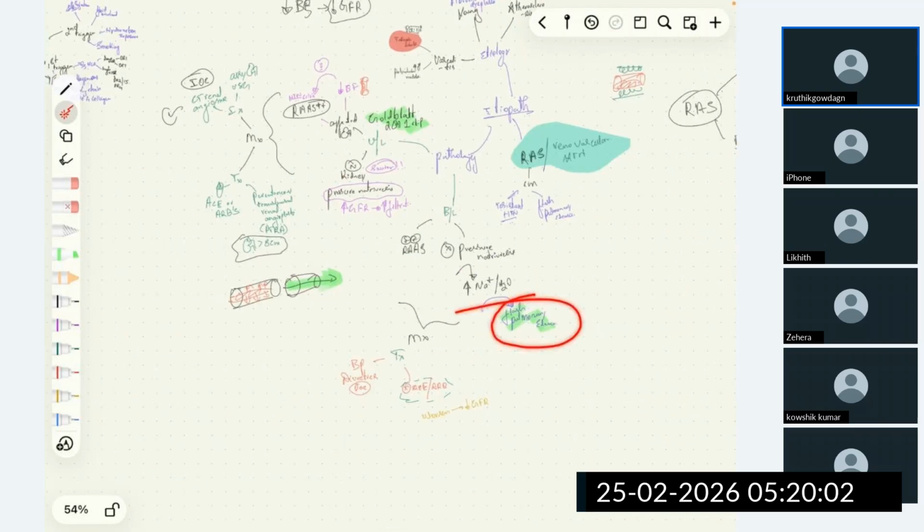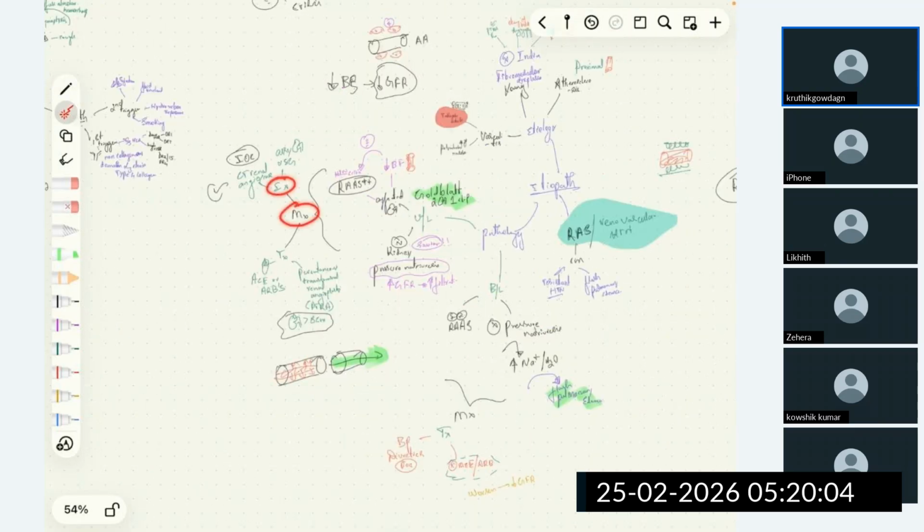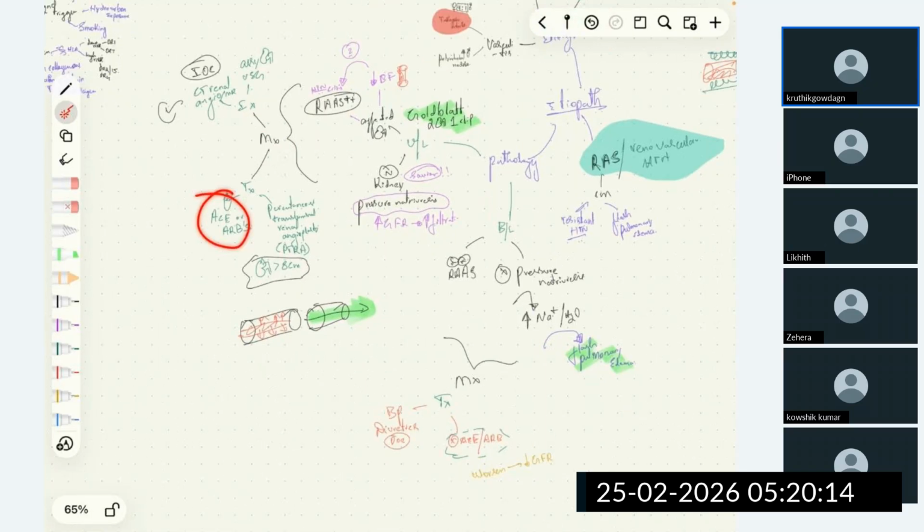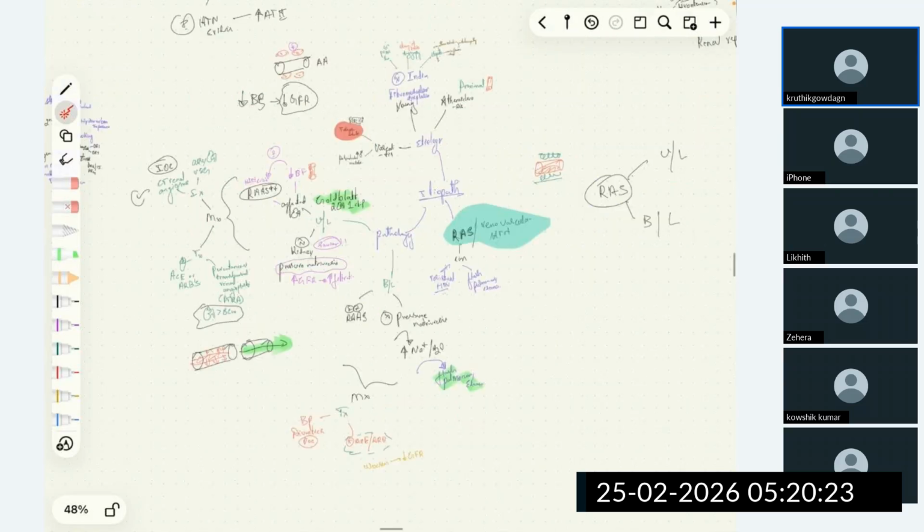And then we saw investigations: on USG asymmetric kidney, the investigation of choice CT renal angio or MR renal angiography. The treatment is ACE inhibitors and ARBs and adequate management of hypertension. And also we can do PTRA if the affected kidney size is more than 8 centimeter. This is all about unilateral renal artery stenosis.